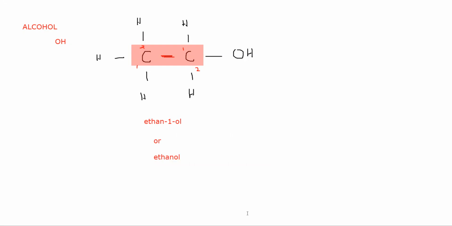Ethane 1-ol or ethanol have the same meaning, no difference between them. Eth because there are two carbons, an because they have a single bond, and ol because OH is attached to the first carbon. That's why it's not necessary to mention the position. If no number is written, it is obvious that it is with the first carbon.